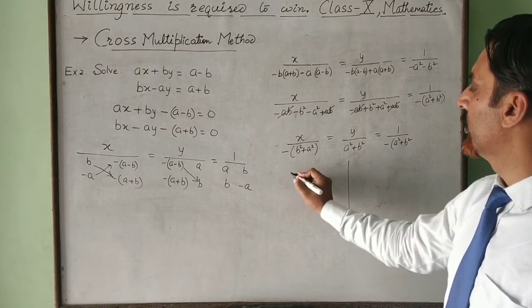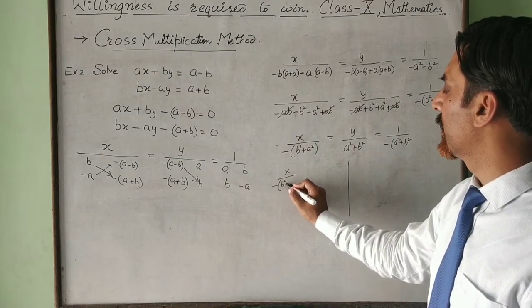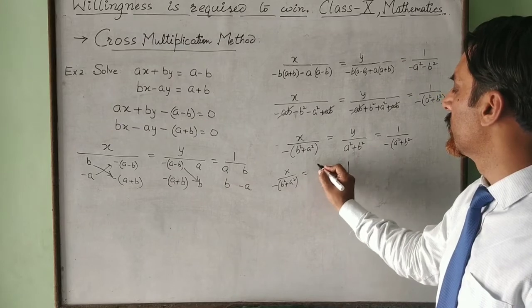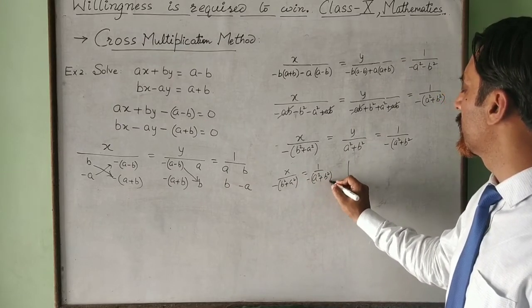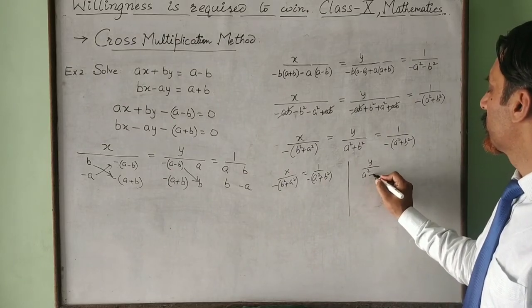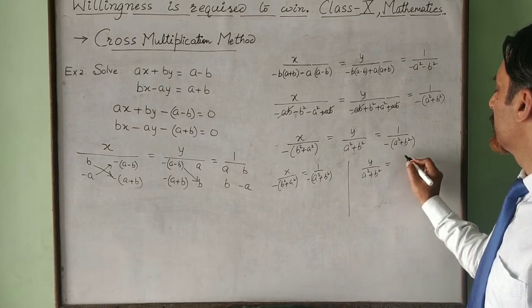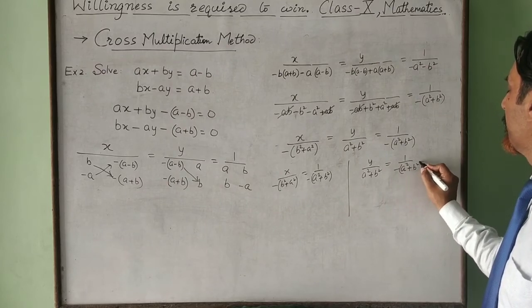Now we can take two equations from here. x upon negative of b square plus a square is equal to 1 upon negative of a square plus b square, and y upon a square plus b square is equal to 1 upon negative of a square plus b square.